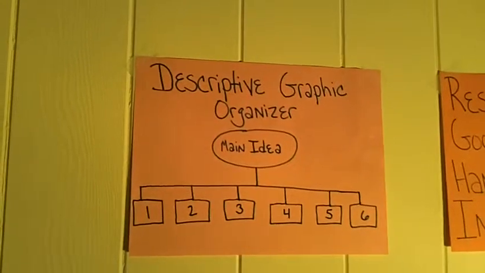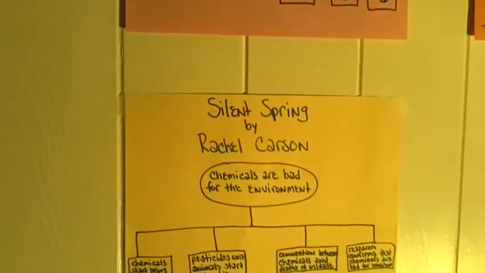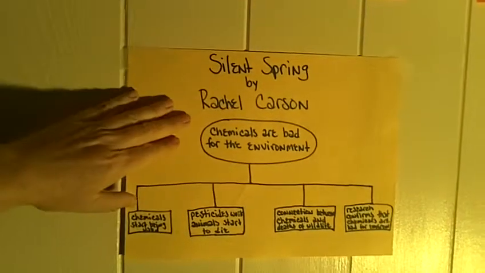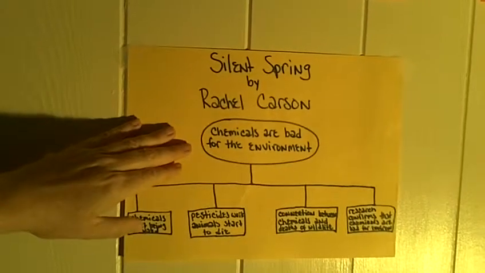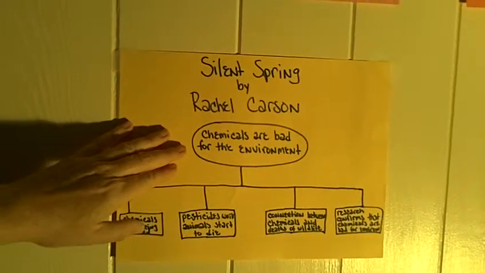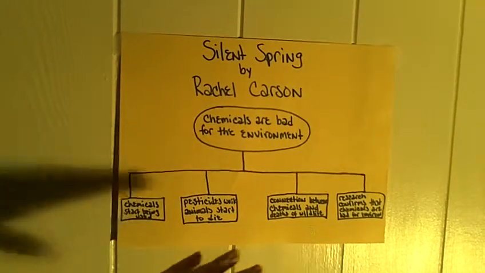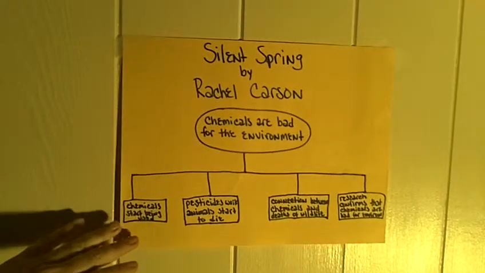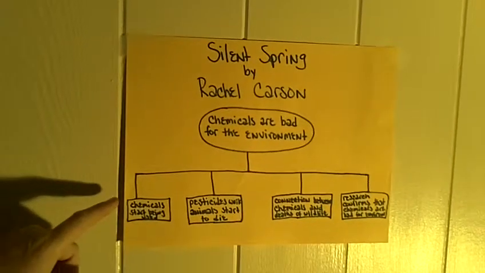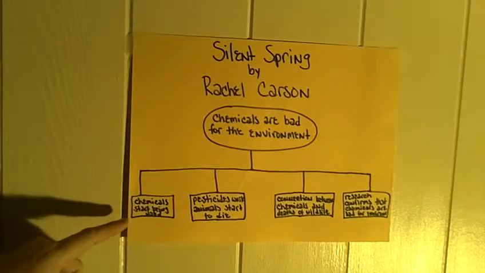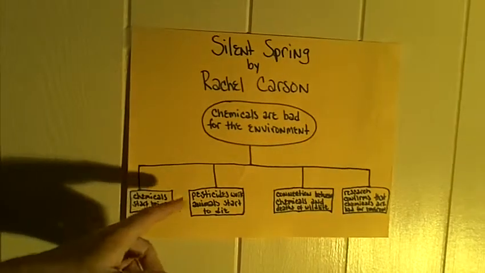And I jotted down just a quick example here. The book was Silent Spring by Rachel Carson, the main idea being that chemicals or pesticides are bad for the environment. And in sequential order, I put some of the developing details in the book. First off, that chemicals or pesticides started being used, and they worked.